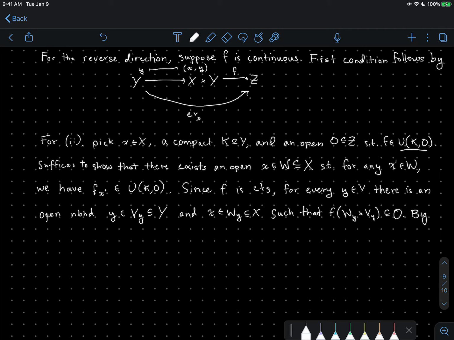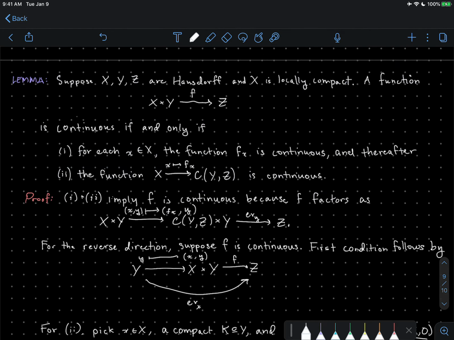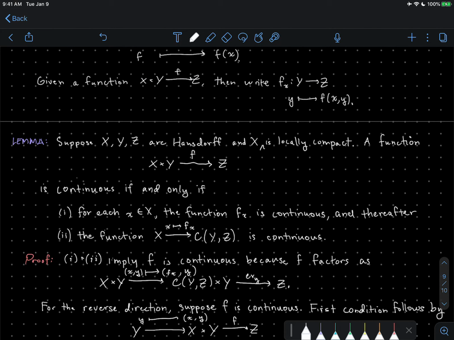So by compactness of K, did I assume that? Okay, I think I also need to assume that Y is locally compact as well.